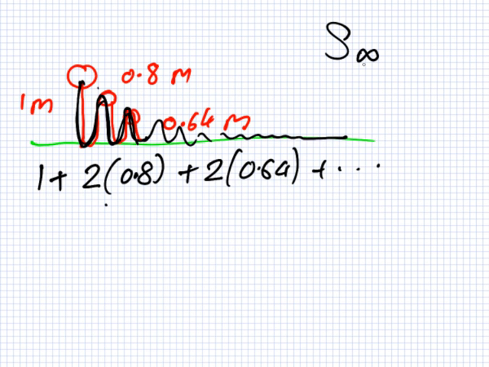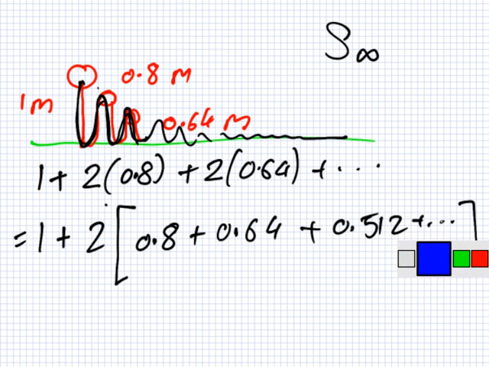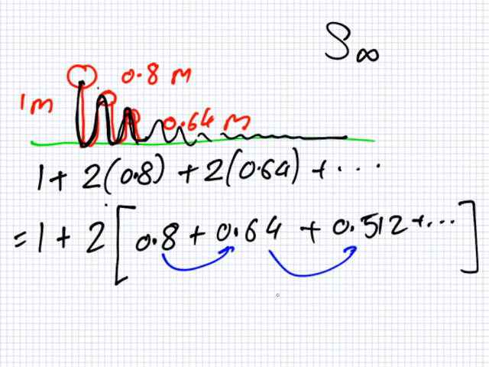Now, you can write this as 1 plus 2 times 0.8 plus 0.64 plus, and the next term is 0.64 times 0.8, 0.512, etc. Because each time it's getting multiplied by 0.8.